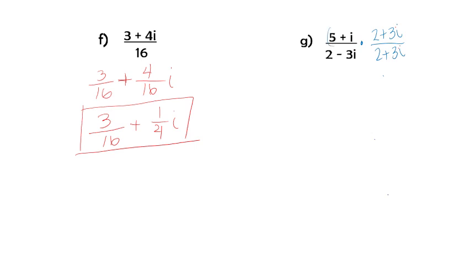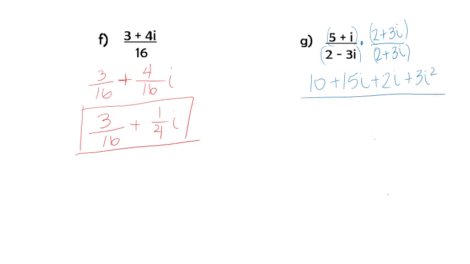Now, remembering that you need to FOIL these, okay? And we'll do this the exact same way that we were rationalizing previously. So go ahead and just FOIL these out. So I'd have 5 times 2 is 10. 5 times 3i is plus 15i. i times 2 is plus 2i. i times 3i is plus 3i squared.